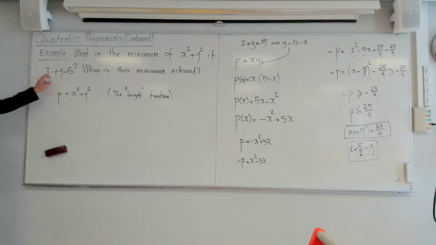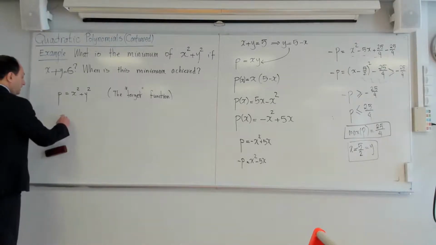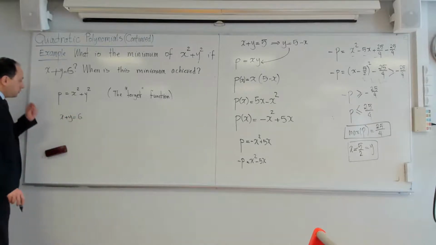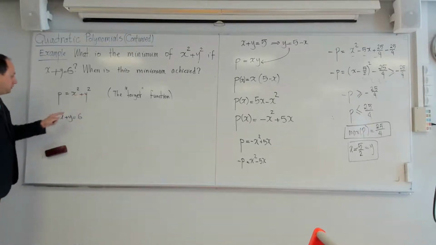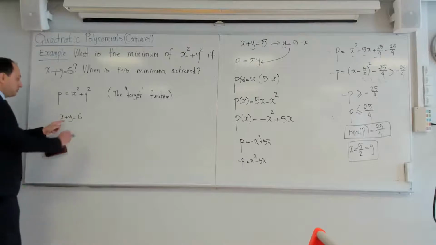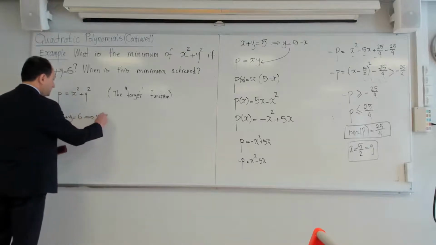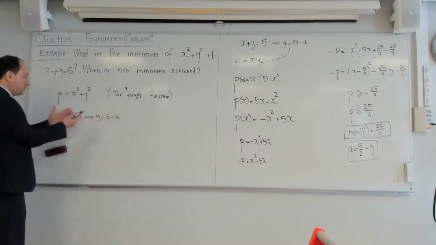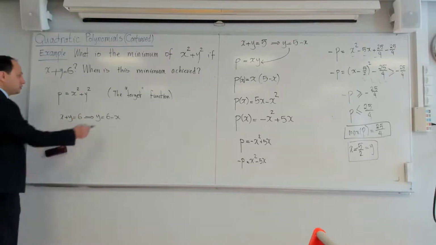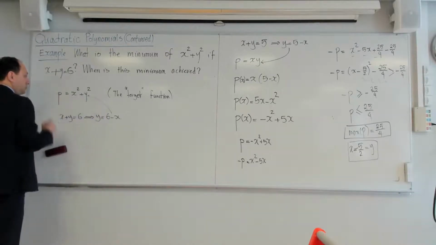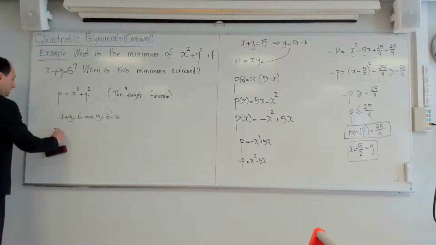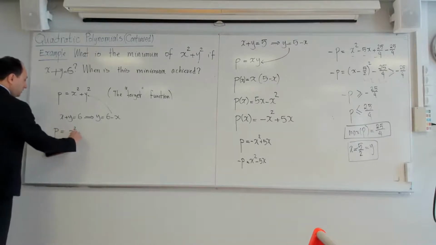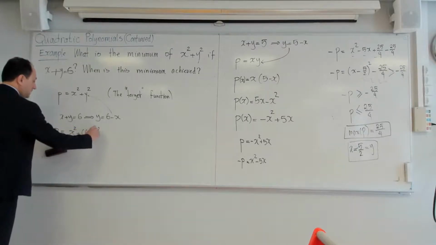So here, x plus y is equal to 6. I want to eliminate y in favor of x. It's very simple. So y is equal to 6 minus x. And then, of course, I can put it back here. So P is equal to x squared plus (6 minus x) to the power of 2.